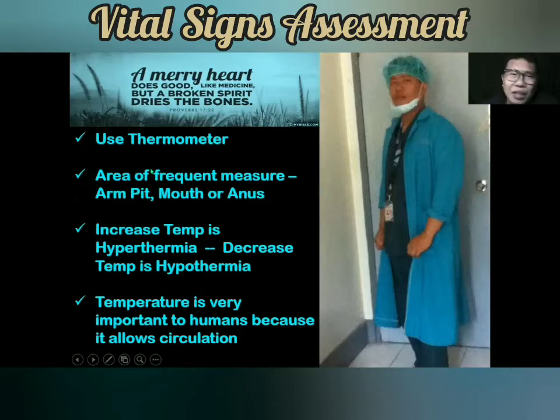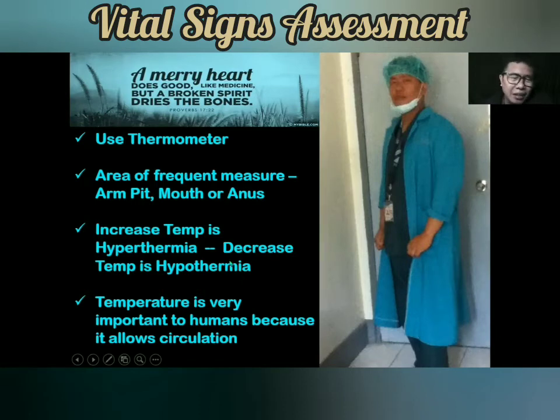And the reading is already enough to really determine if there is actually a temperature change or a temperature abnormality. Now, increased temperature or temperature higher than 37.2 is called hyperthermia. Temperature lower than 36.5 is called hypothermia.